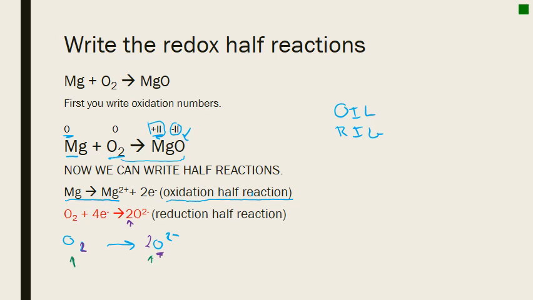Now it went from a charge of 0 to a charge or oxidation number of -2. So it must have gained 2 electrons.